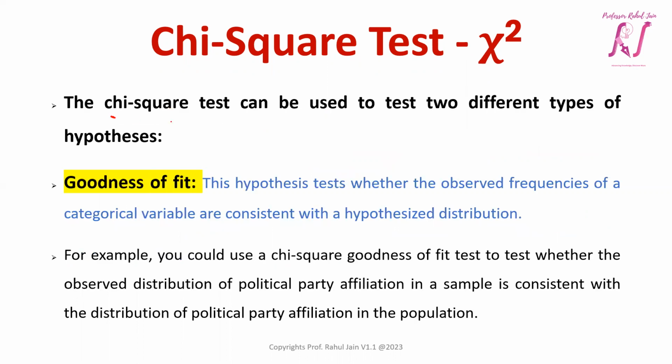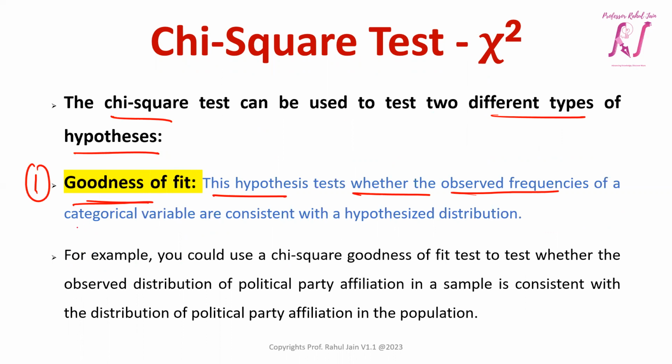Now, the chi-square test can be used to test two different types of hypotheses. The first one is goodness of fit. This hypothesis tests whether the observed frequency of a categorical variable is consistent with the hypothesized distribution or not.